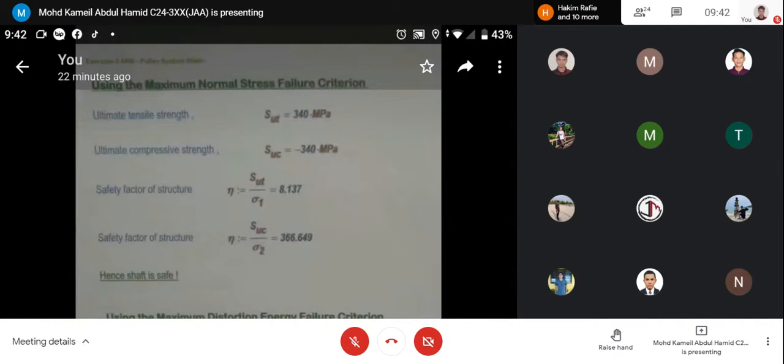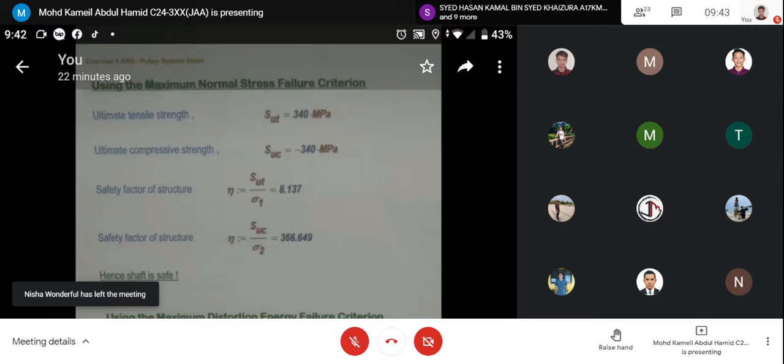Then, SUT was given as 340. Using the maximum normal stress theory, MNST, for normal stress we use SUT. The safety factor equals SUT over sigma 1.